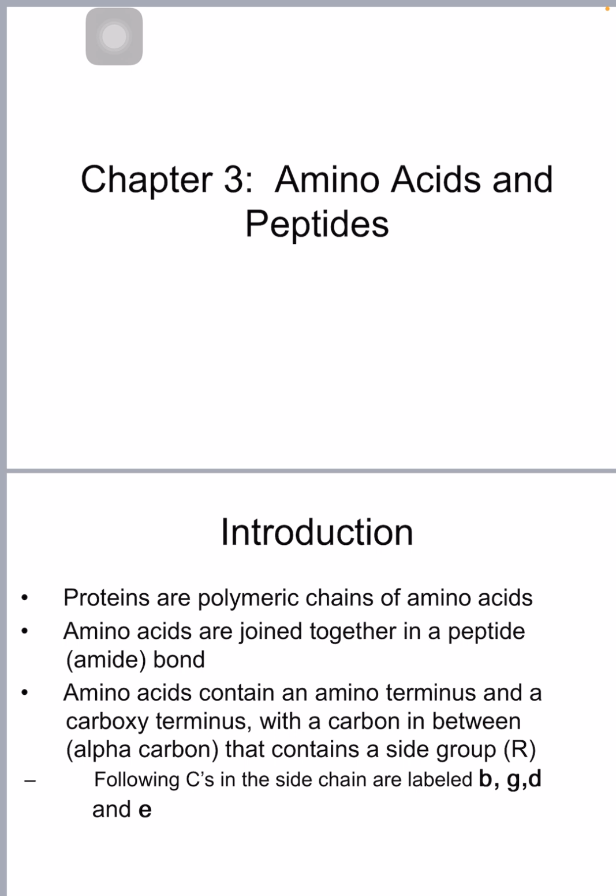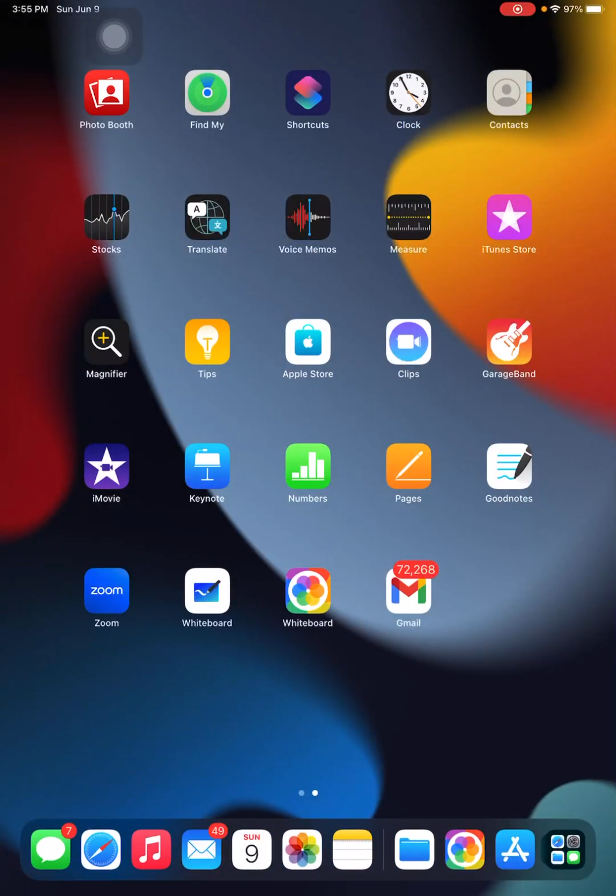Whenever you link two of them together, they're joined in a peptide bond, and I'll talk more about the peptide bond in just a little bit. So let's take a look at a sample. You'll see me periodically switching between the whiteboard and the PowerPoint, so please bear with me. All right, here's what an amino acid looks like.